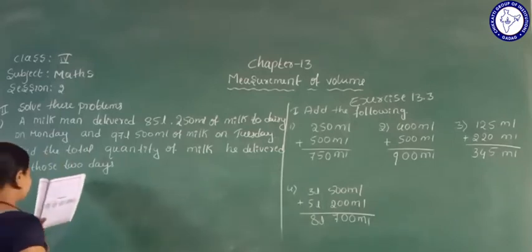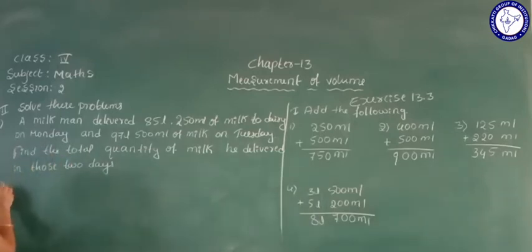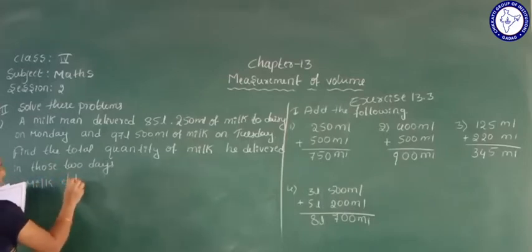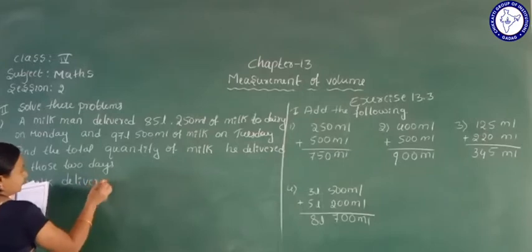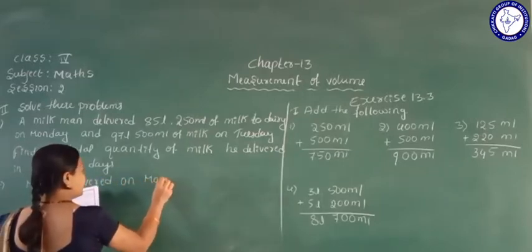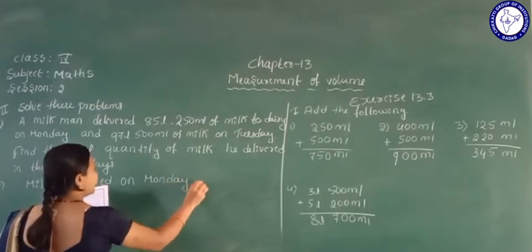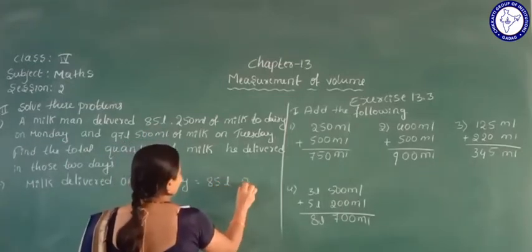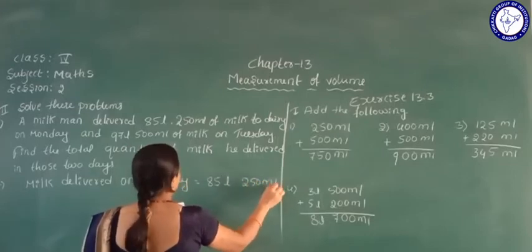Milk delivered on Monday is 85 liter 250 ml.